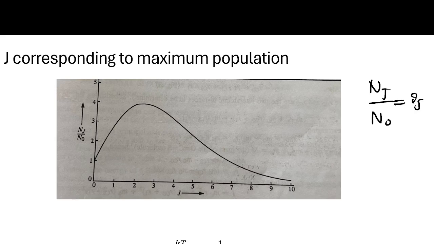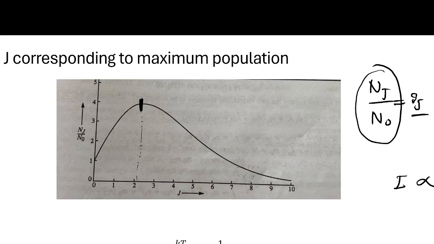See, if you plot this distribution, this relative ratio against degeneracy, you will get something like this. Here we have maximum probability, maximum intensity. Maximum intensity means at this rotational level we will have maximum transition, meaning at J equal to 2, 3 or 4 we will have the maximum number of molecules, because this intensity is directly proportional to concentration.